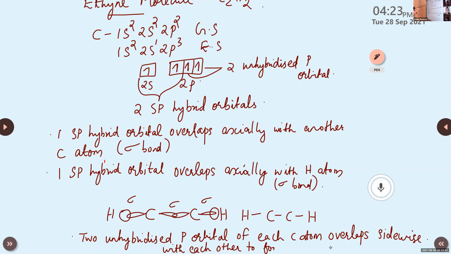Okay, the two unhybridized p orbitals of each carbon atom overlap sidewise with each other to form pi bonds. So next we can draw the structure of this formation of pi bonds.